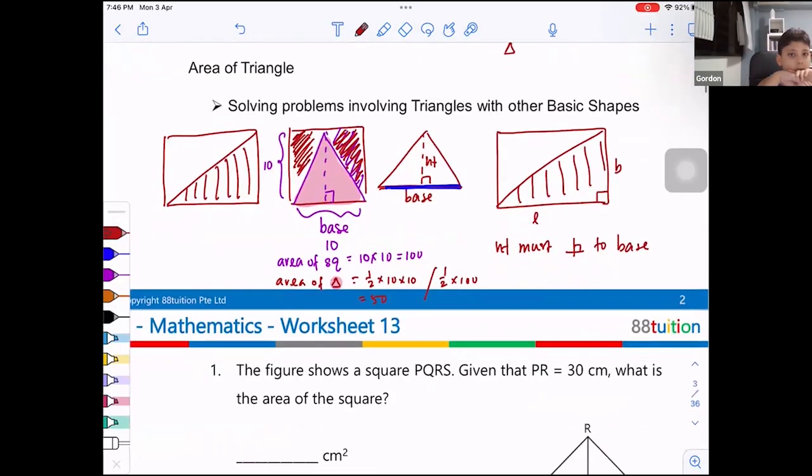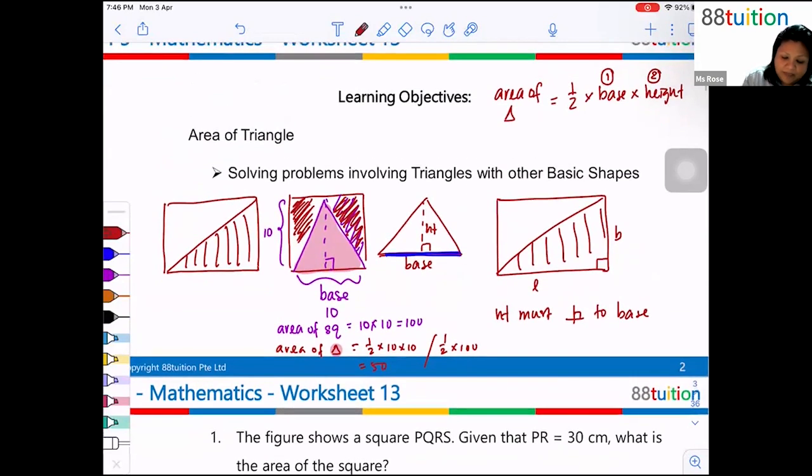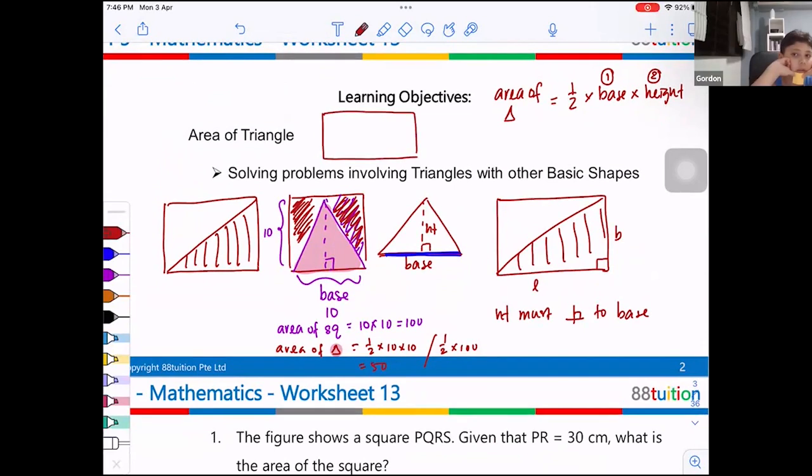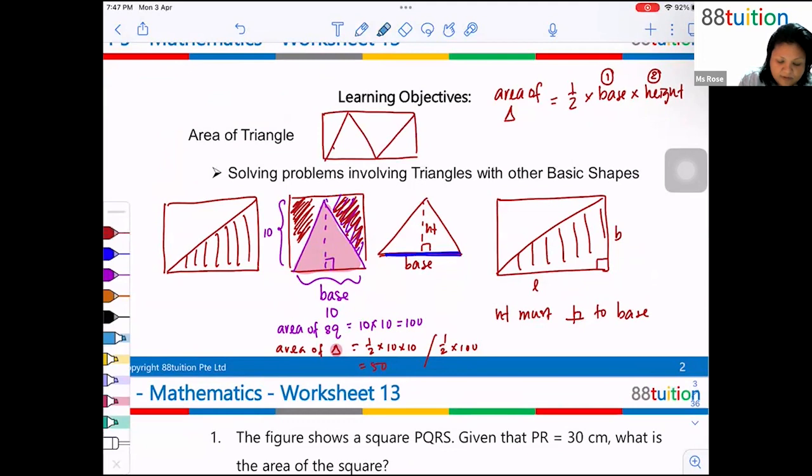So now, if you were to take another example of a square or a rectangle, and then I have two triangles, and I color them blue, can I say that the sum of the area of the blue triangles is half of the rectangle?